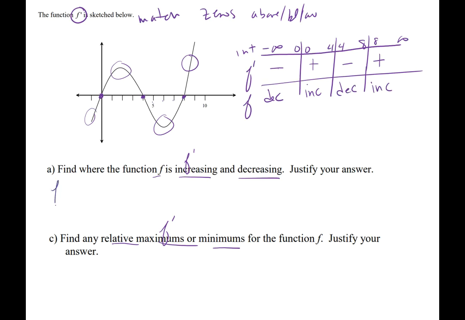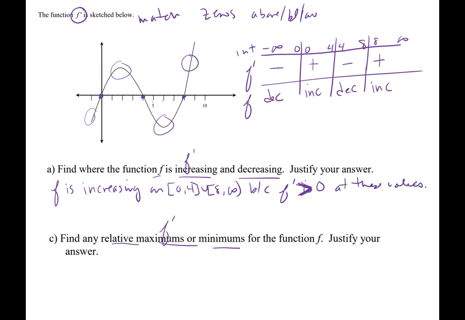So f is increasing on the intervals 0 to 4 and 8 to infinity, because f prime is greater than 0 on these intervals.